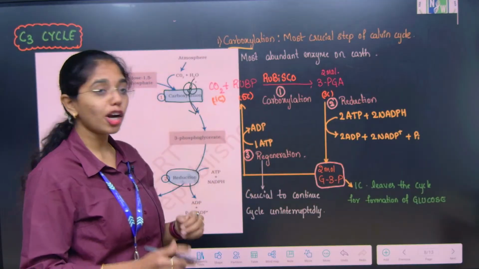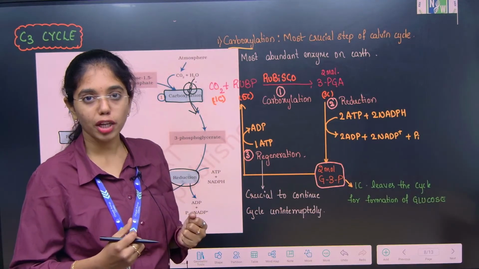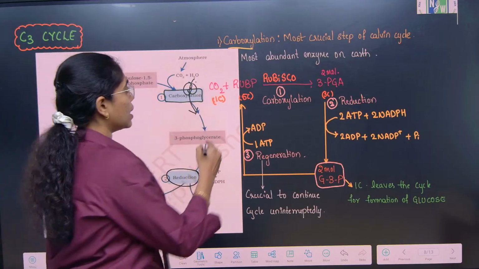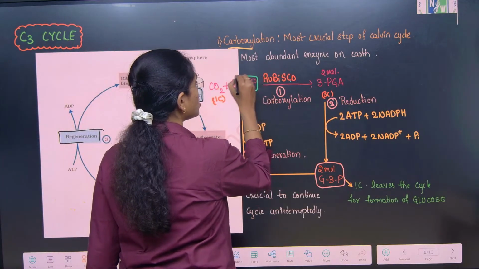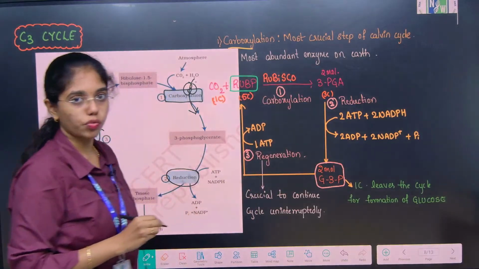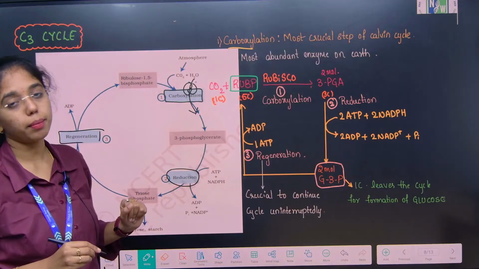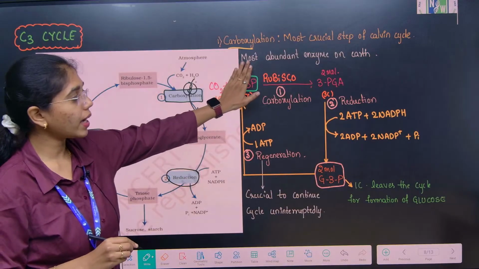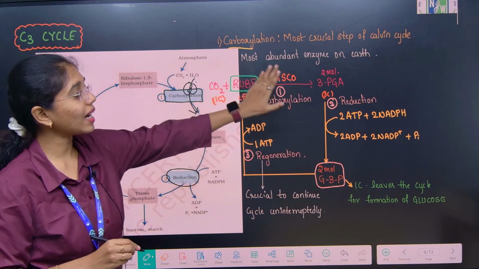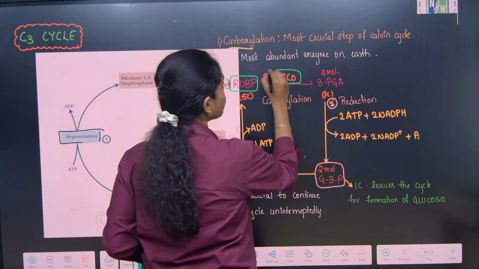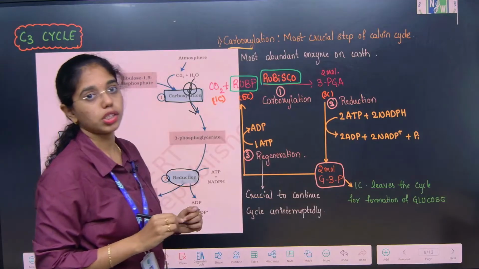Now, this carbon dioxide should be accepted by some molecule, right. So, the primary acceptor of carbon dioxide is RuBP, which is ribulose bisphosphate, okay. After carbon dioxide is accepted by RuBP, which is a 5 carbon compound, this is catalyzed by Rubisco, which is ribulose bisphosphate carboxylase oxygenase.